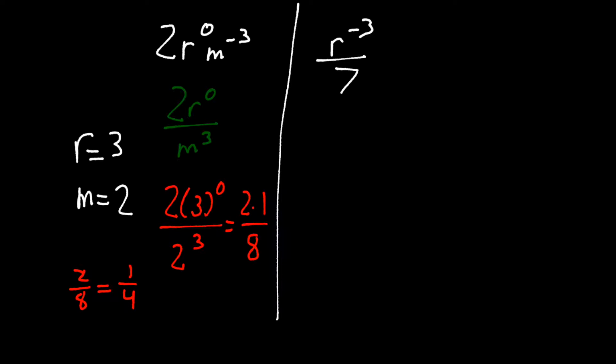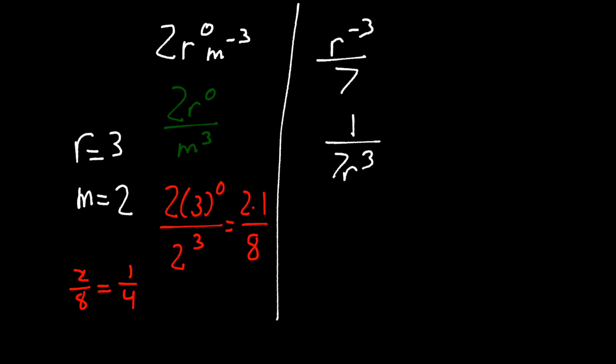For our final example over here, I have r to the negative 3 over 7. If I want my exponents to be positive, I need to move r to the negative 3 down to the denominator. That's going to be 1 over 7r cubed. The 7 stays down there. It does not get moved up to the top. And I'm going to take the r value from over here again.